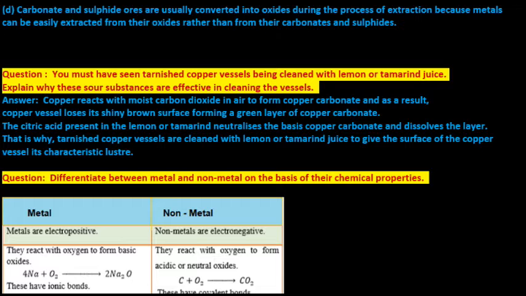The citric acid present in the lemon or tamarind neutralizes the basic copper carbonate and dissolves the layer. That is why a tarnished copper vessel is cleaned with lemon or tamarind juice to give the surface of the copper vessel its characteristic luster.